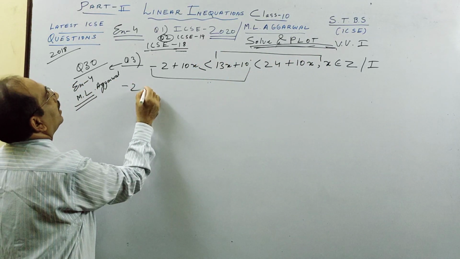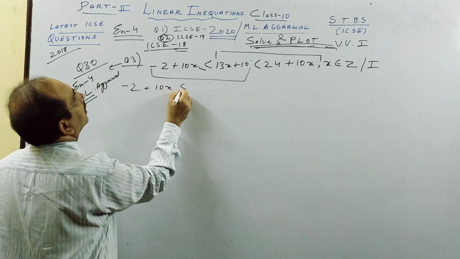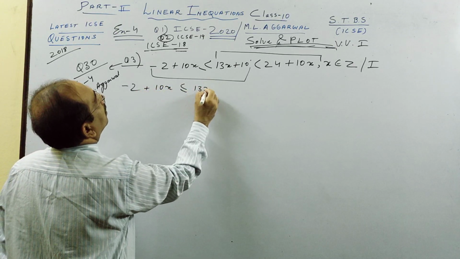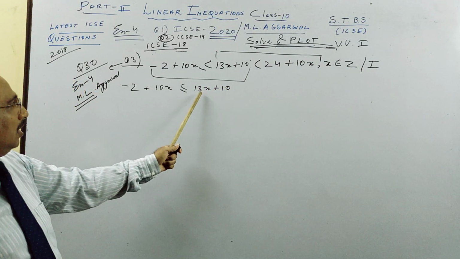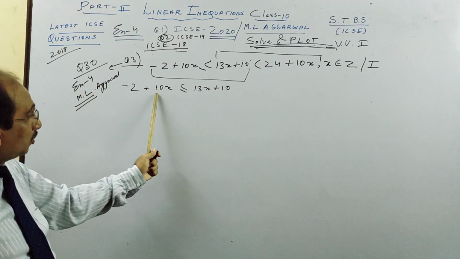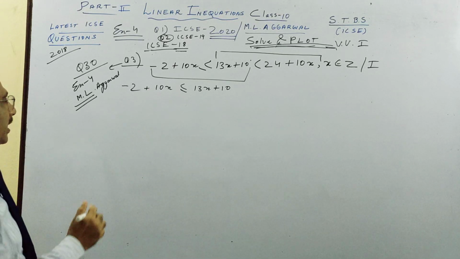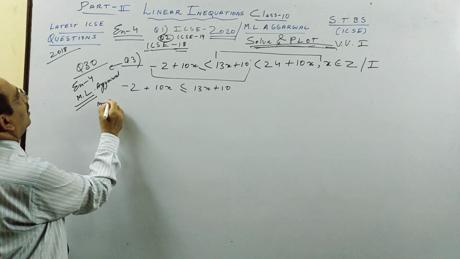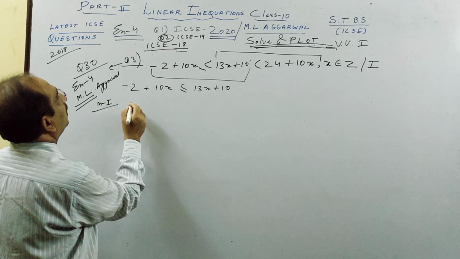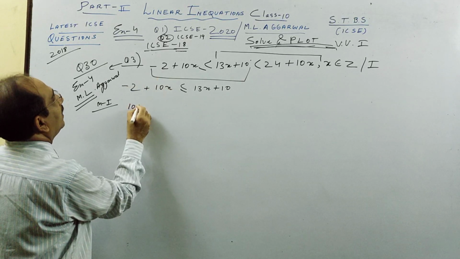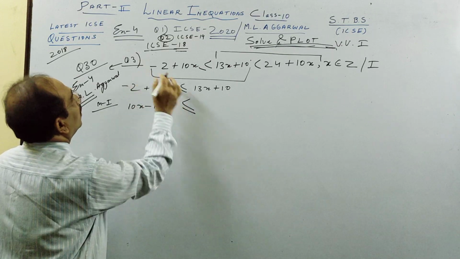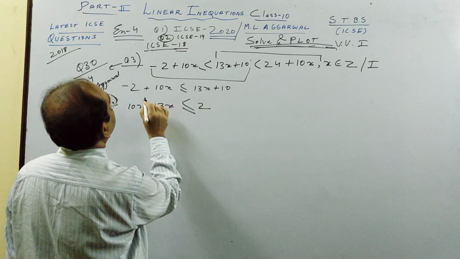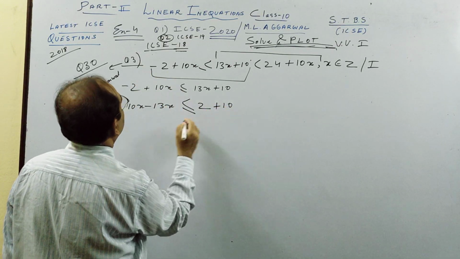So minus 2 plus 10x less than or equal to 13x plus 10. Again children, there are two methods here, because when I bring larger to smaller, x will become negative. So method 1, what generally everyone does: 2 will go there. So 10x minus 13x, and 2 goes there plus 10.